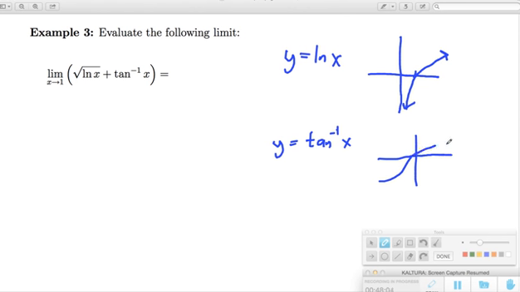The drawing's not awesome, but it does look like this. And the upper and lower limits are negative pi over 2 and positive pi over 2. So just remember that. This is where the arctangent function is defined.